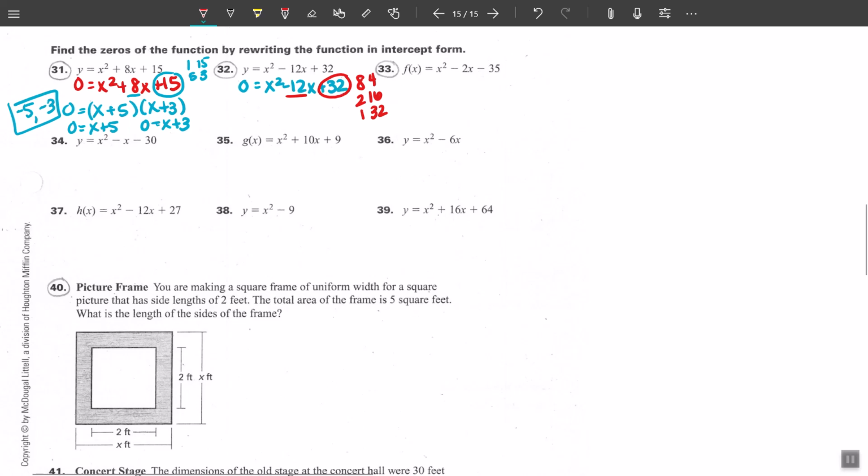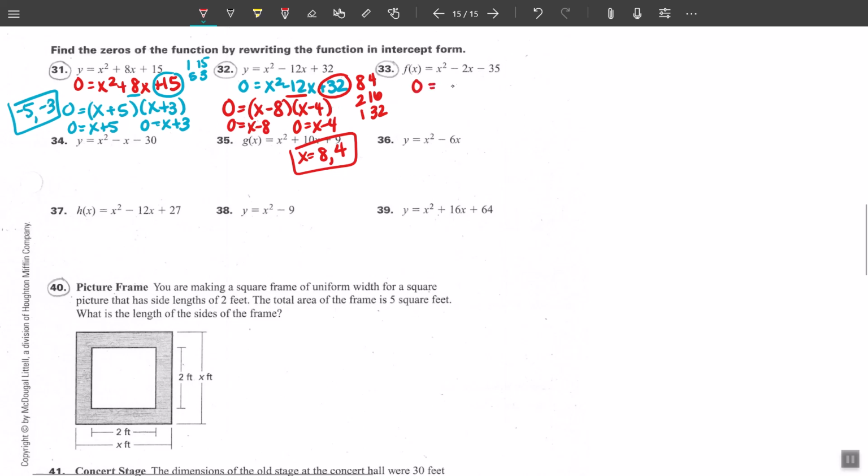If we make both of them negative, then we can add them together to get a negative 12. So we're going to have this right here. We're going to set each of those equal to 0 so that we can solve, and we will end up with x-intercepts of 8 and 4. So that's where our graph will cross the line. When y is 0, when the function is 0, it's going to be sitting on the line at 8 and 4.